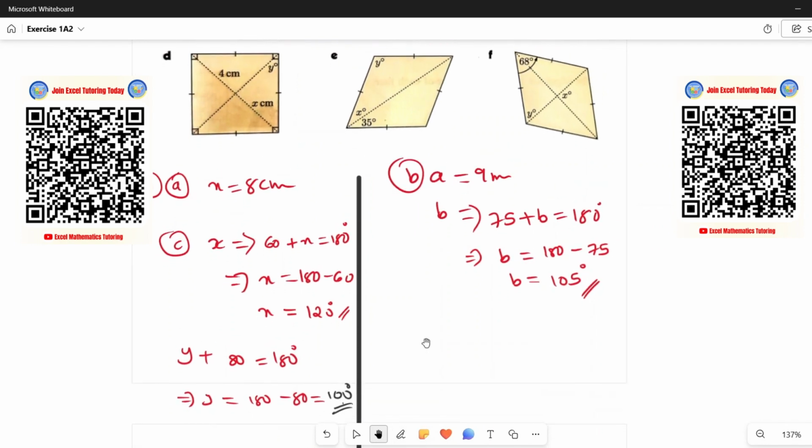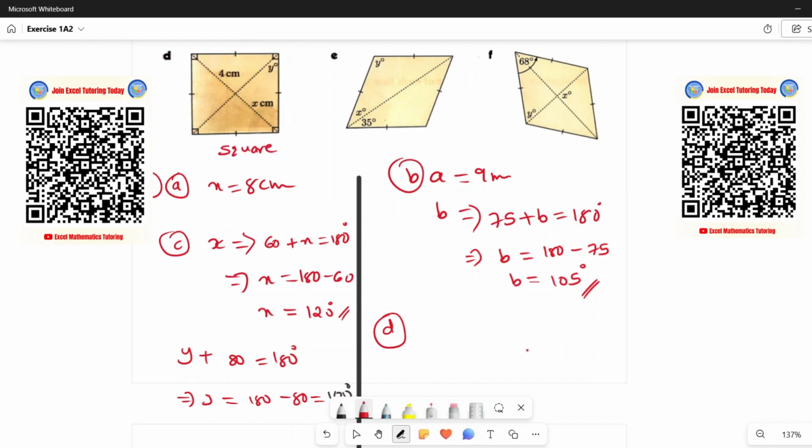Now the next one, D. So D, here we need to find the value of x and y. X is a part of the diagonal, and y is the angle. So this shape is a square.